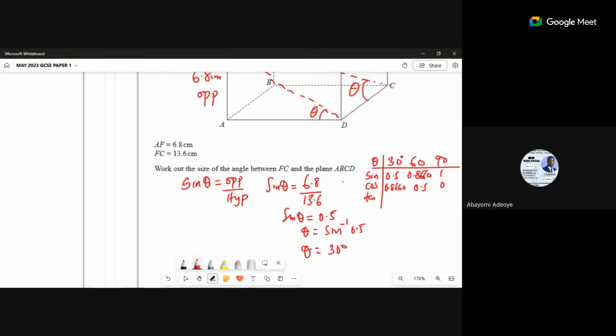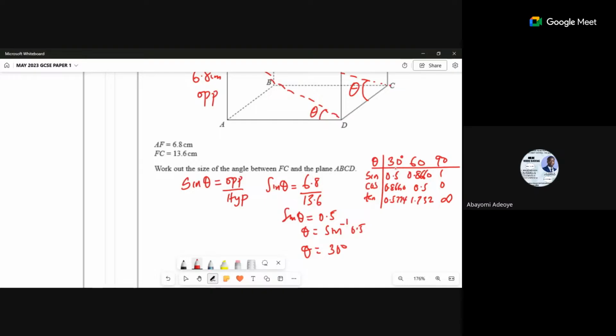Tan 30 is 0.5774, tan 60 is 1.732, and tan 90 is infinity.